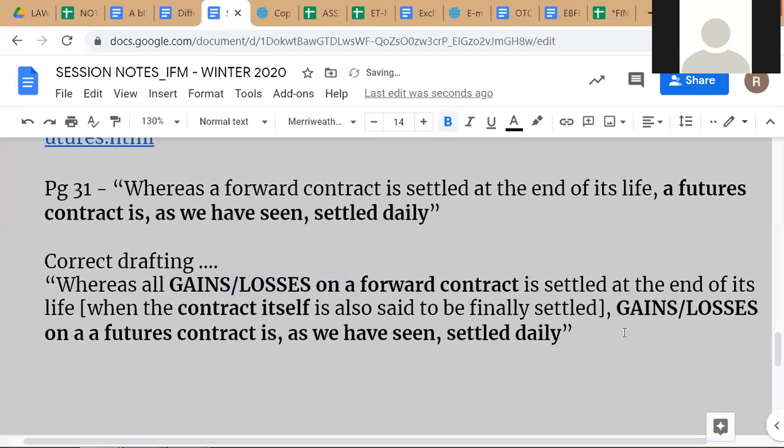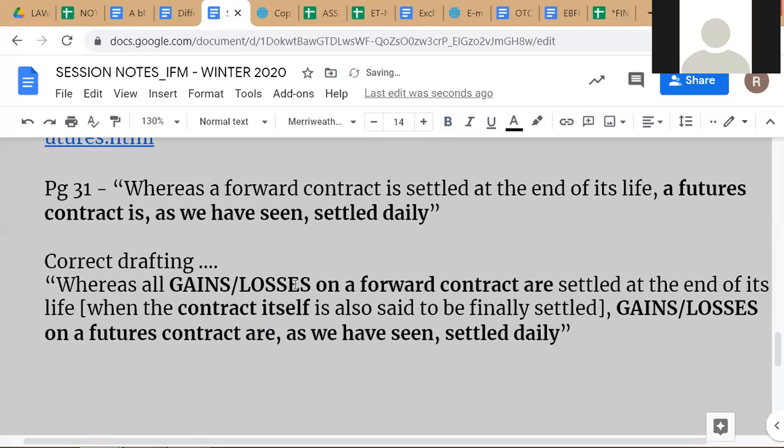Gains and losses on a futures contract, let's clean up the grammar here as well. Gains, losses on a futures contract are, as we have seen, settled daily. Okay.